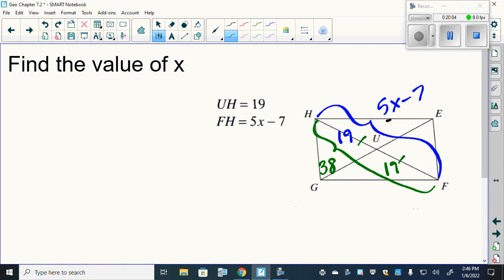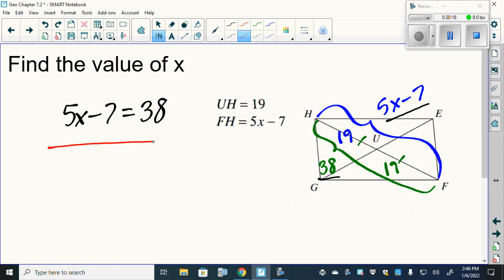So what that tells me is that 5x minus 7 is equal to 38. Add 7 to both sides, which tells me that 5x is equal to 45, and then we would divide both sides by 5.